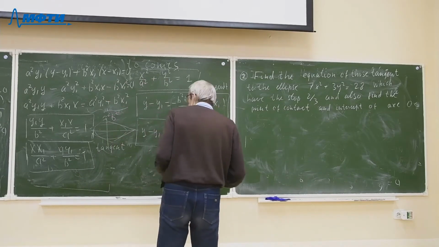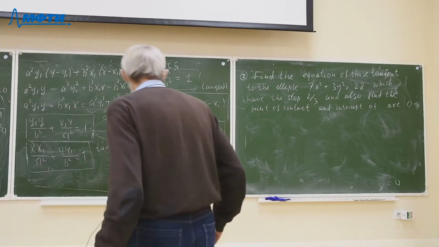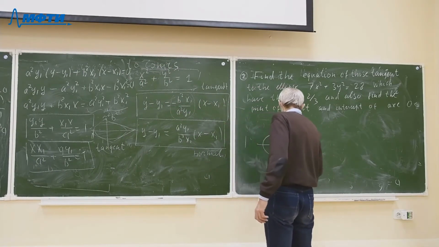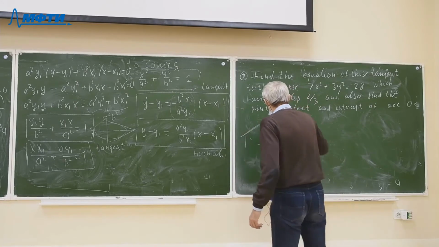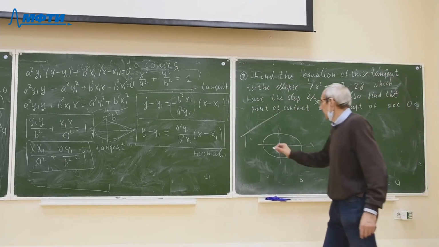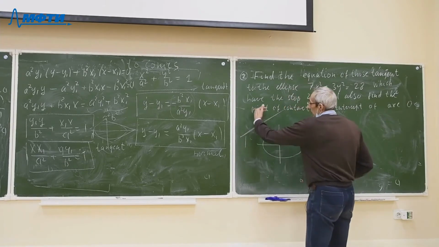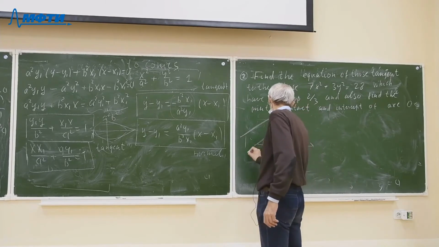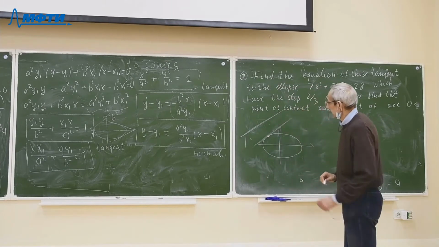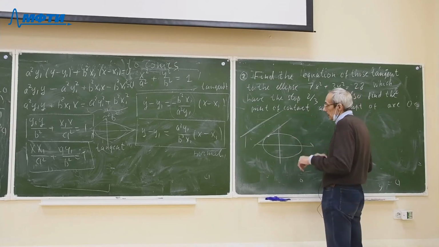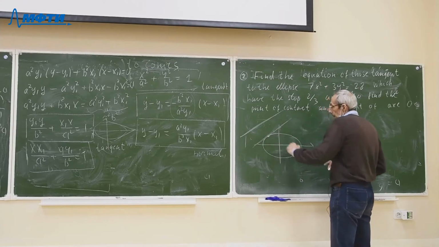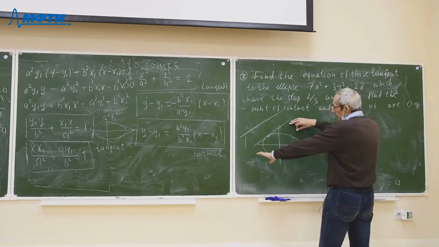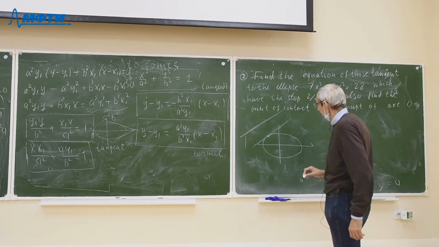For example, let's consider we have the ellipse and some straight line which has the fixed slope, and we can move this line, and in this moment this line contacts the ellipse in some distinguished point. And after that we can continue to move this straight line.